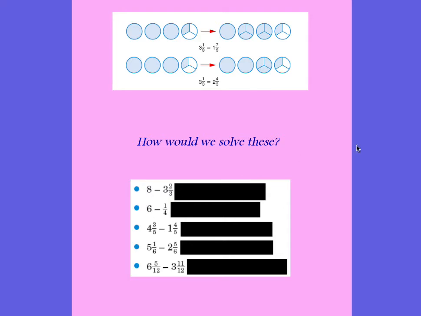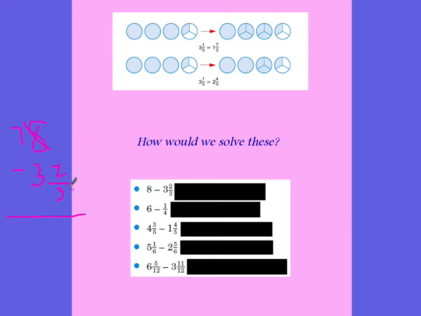Alright, taking a look at the first example here, I have 8 minus 3 2/3. Okay. Right now, we have no fraction that we are subtracting. So we need to borrow from the 8 so we can take away from here.